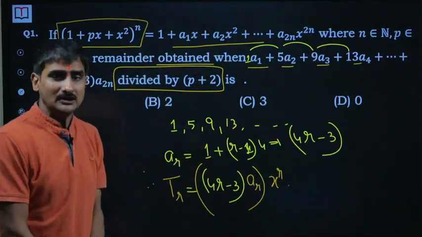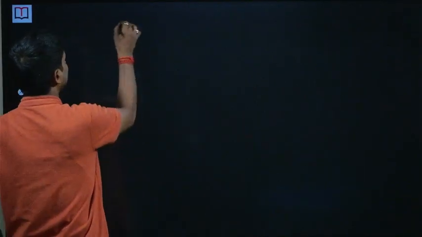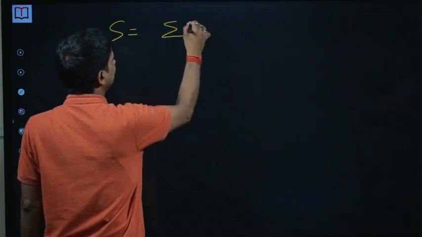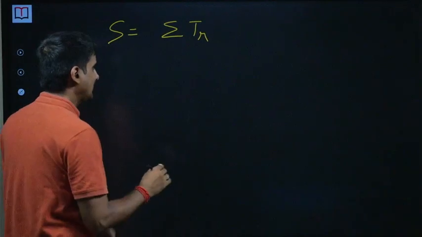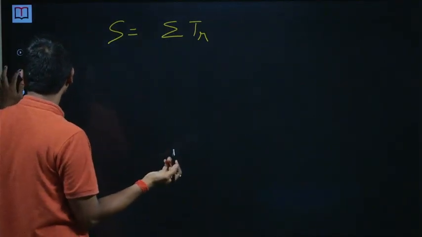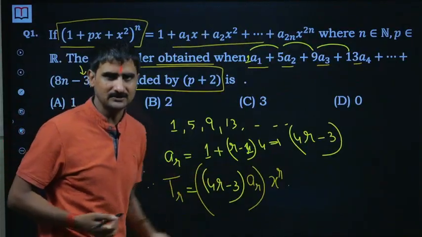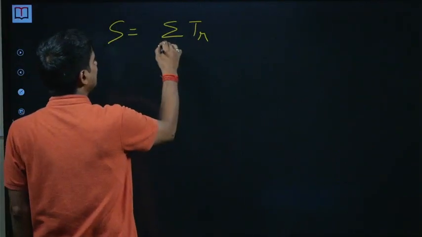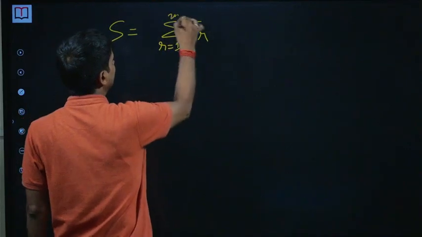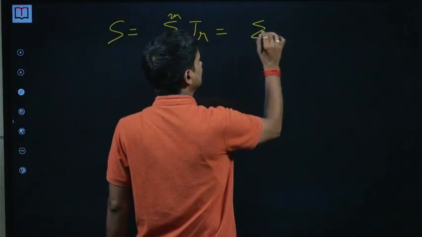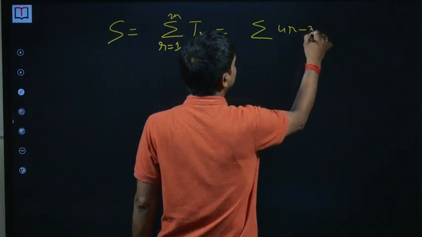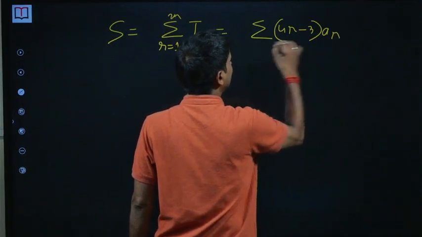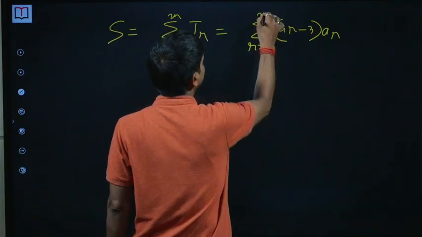What do we need? We need the summation of Tr. Of course, for the coefficient summation, we'll be substituting x by 1, so let's not consider it right now. So the sum of Tr, when r goes from 1 to 2n, is nothing but the summation of (4r minus 3) a_r, r from 1 to 2n.